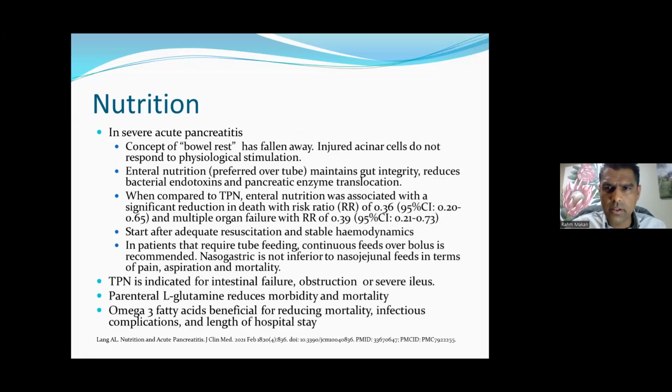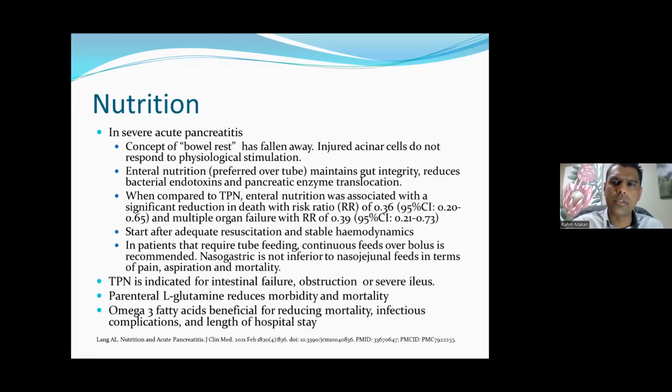The reason is that the injured acinar cells do not respond to physiological stimulation. So now enteral nutrition is preferred as soon as possible, and oral nutrition is preferred over tube nutrition if the patient can tolerate it.